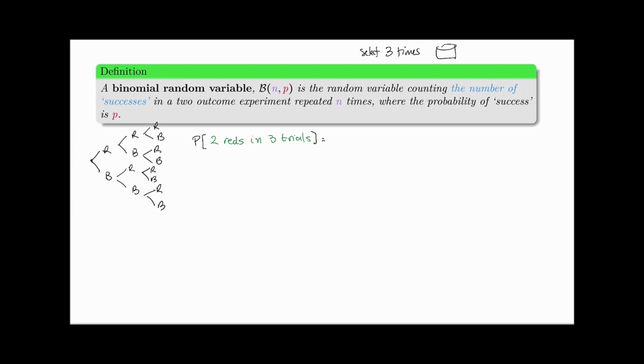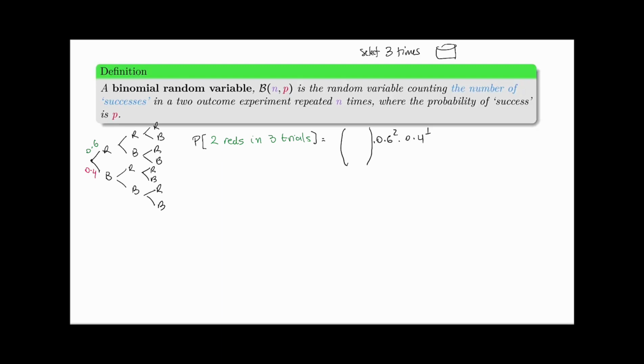Let's say I have a probability of having red of 0.6 and a probability of having blue of 0.4. The formula was this: the 0.6 would appear 2 times, the 0.4 would appear 1 time, because that's what's left, and I had a binomial term here.